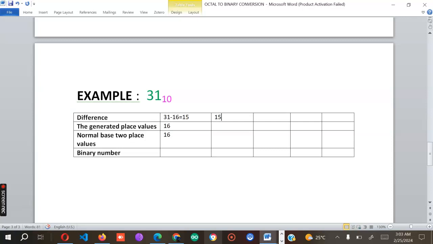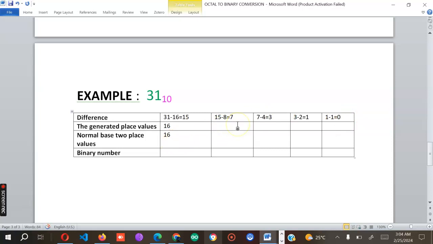Now the number that is near to 15 is 8. So we have 15 minus 8, which will give you 7. The number that is near to 7 is supposed to be 4. 4 minus that, you get 3. The number that is near to 3 is 2, which is going to give us 1. Then the number 1 minus 1 is equal to 0.